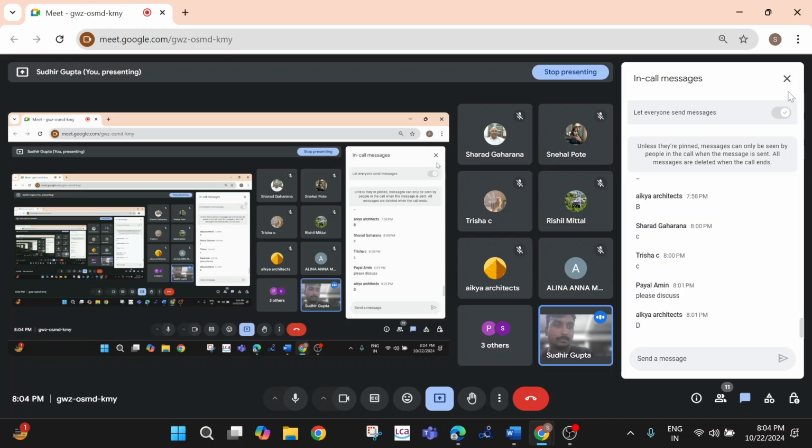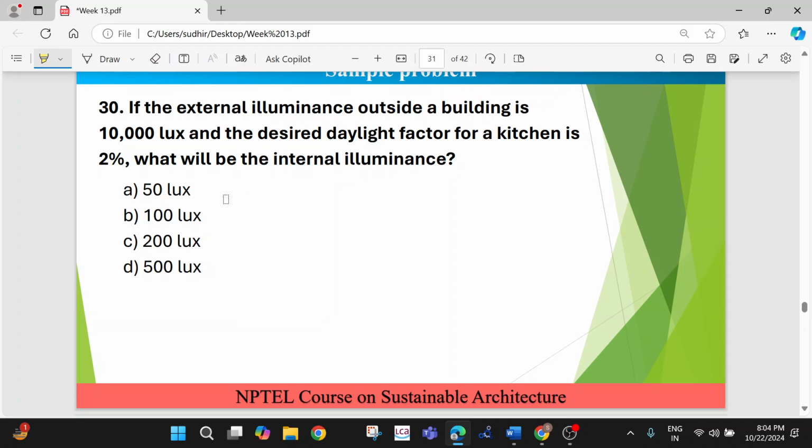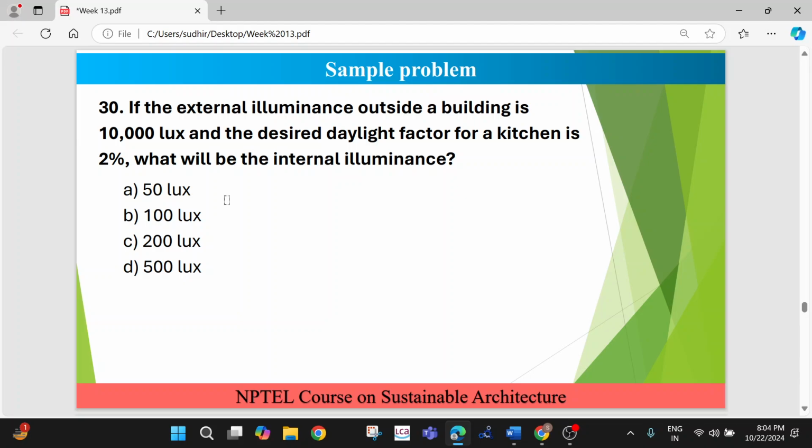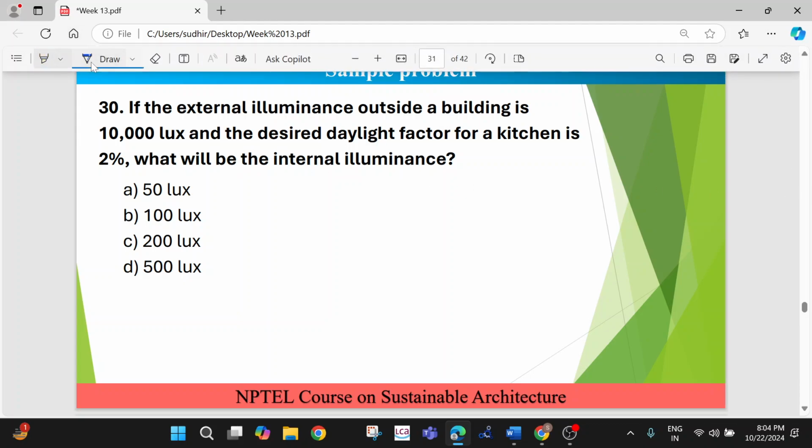Okay, so Payal is asking. Fine. Whenever you are calculating the internal illuminance, you just need to multiply the external illuminance value by the daylight factor that is given to you, and then divide it by 100.